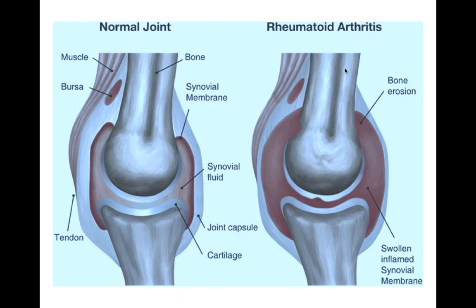If the relief comes after 15-20 minutes, that cannot be rheumatoid arthritis, because in rheumatoid arthritis the stiffness has to be present for at least 1 hour. Morning stiffness for more than 1 hour, and it has to be present for more than 6 weeks.